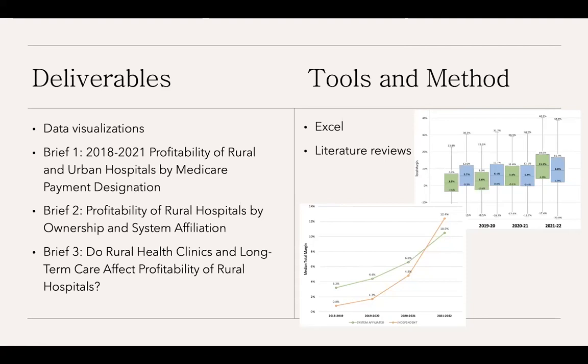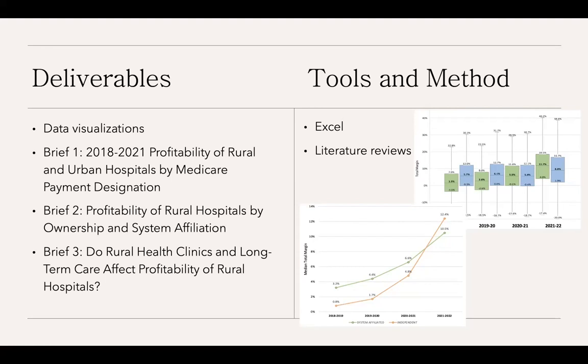So I mainly worked with Excel a lot for the data visualizations, and then other deliverables included writing 3 briefs. Currently I've completed brief 1 and 2, and brief 3 is in progress. Brief 1 is the general profitability of rural and urban hospitals based on their Medicare payment designation. Brief 2 is studying the profitability of rural hospitals in detail based on ownership and system affiliation.